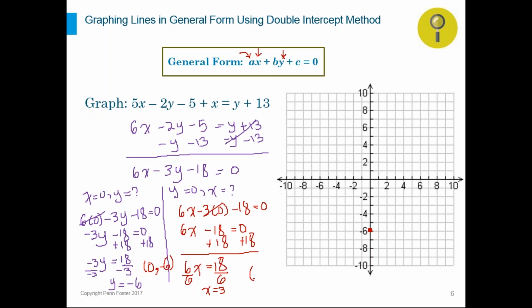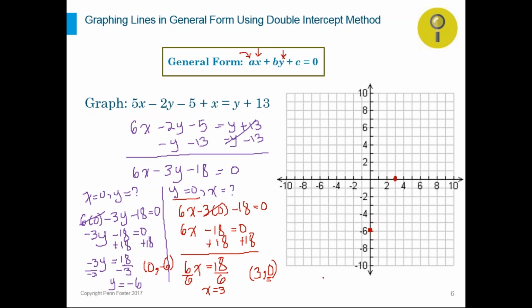So your point is (3, 0), because y is 0, and that's why we have the 0 here. So the second point on that line is (3, 0). So that is the y-intercept, and this is the x-intercept.